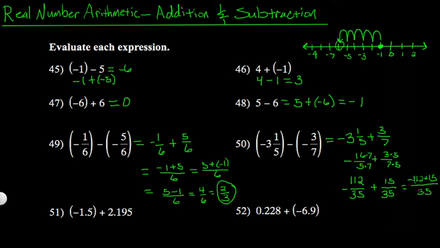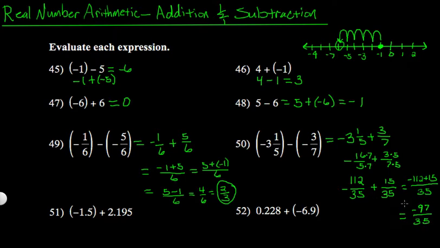So I can clearly see that negative 112 is larger in absolute value. And so therefore I know my answer when I do this addition is going to be negative. Since the signs are different, I know that I'm ultimately taking the difference between these two numbers. So if you do 112 minus 15, you'll get 97. So the answer here is negative 97 35ths.